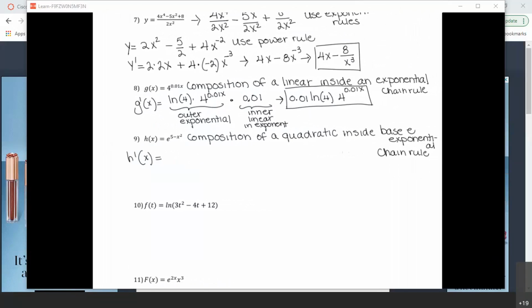I'm going to just write it even though it's dopey: ln of e times e to the 5 minus x squared. Here's the outer exponential. Then multiply that by the derivative of the inner quadratic. The 5 up in the exponent gives me nothing, and the negative x squared will give me negative 2x.